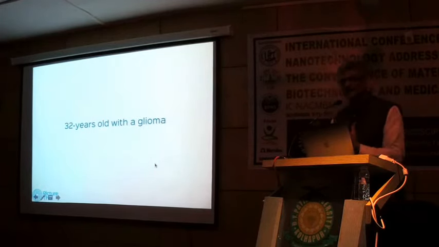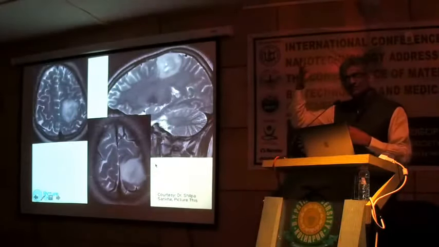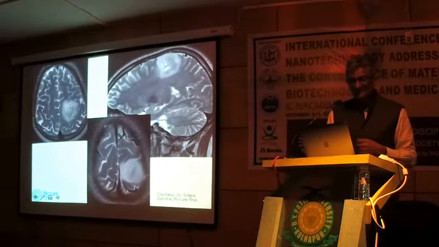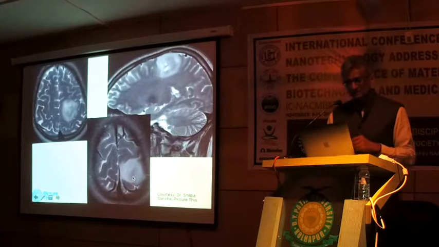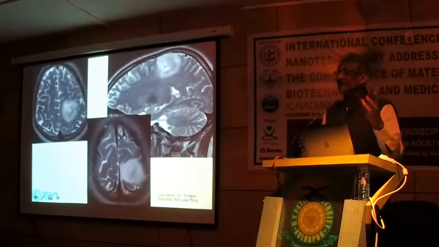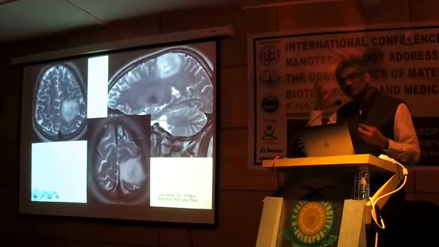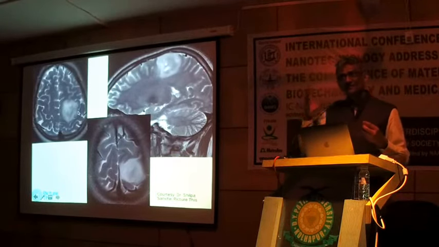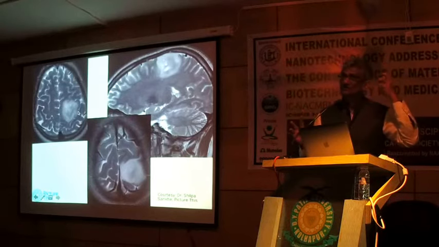Let's look at another aspect of function. This is a 32-year-old with a glioma, which is a tumor in the brain. And you can see this area, the white area here, which is the tumor. Now this tumor is on the left side, and it is in an area where you have the motor cortex, which means that whatever controls the right side here is where the tumor is.